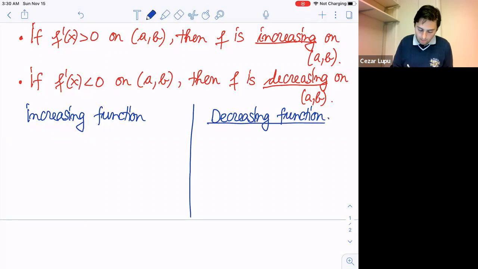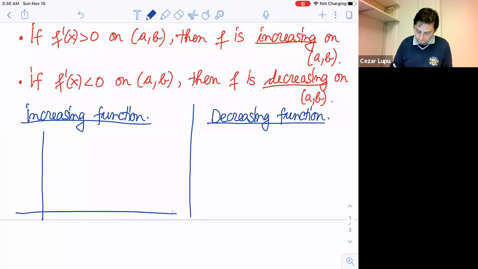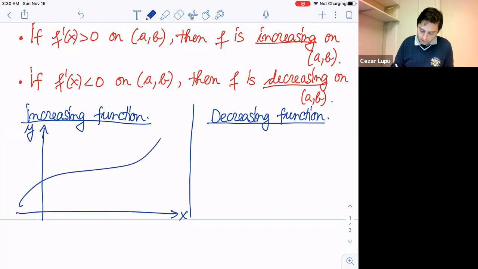So let's say we have something like this, and I draw some tangents.